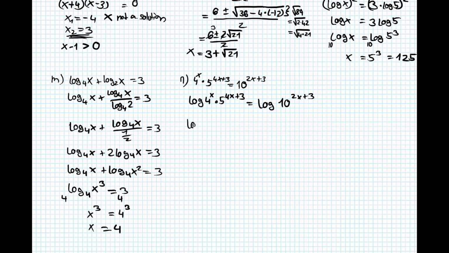Let's separate the left side. Log 4 to the power of x plus log 5 to the power of 4x plus 3 equals, and then here we can take the exponent and put it in front.